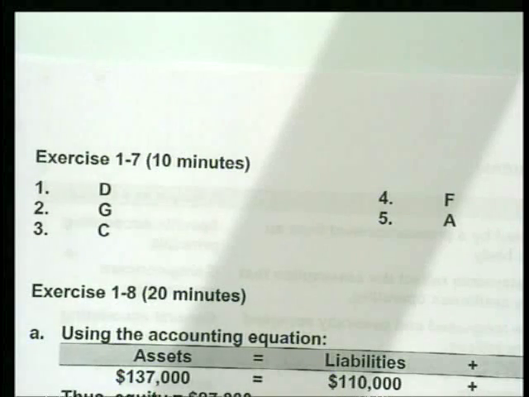Okay, I think I also assigned Quick Study 1.7 and Quick Study 1.8. Is that right? So let's go through those. Quick Study 1.7: use the accounting equation to compute the missing financial statement amounts A, B, and C. In Company 1, if assets equal $375,000 and equity equals $250,000, then what do liabilities have to equal for that to remain in equality? $125,000.